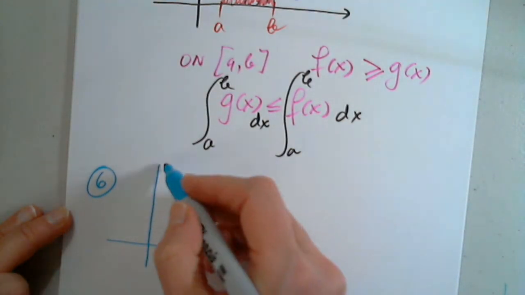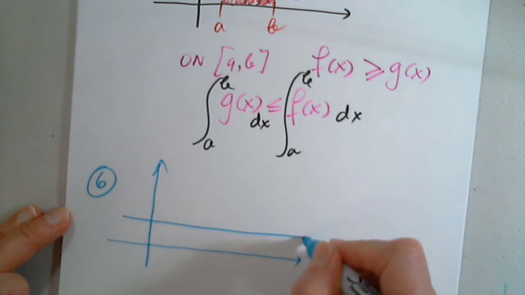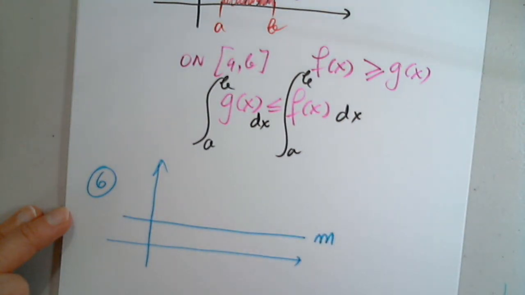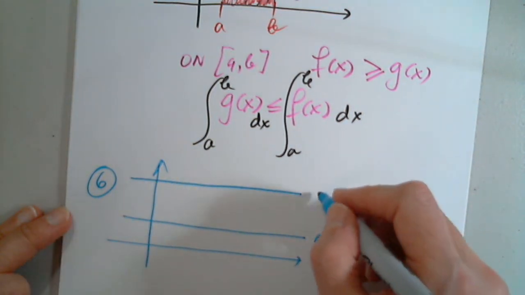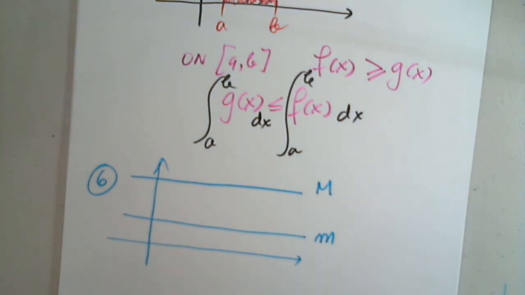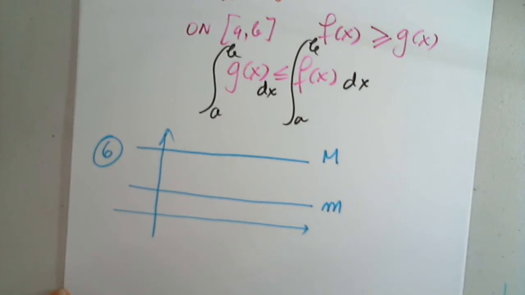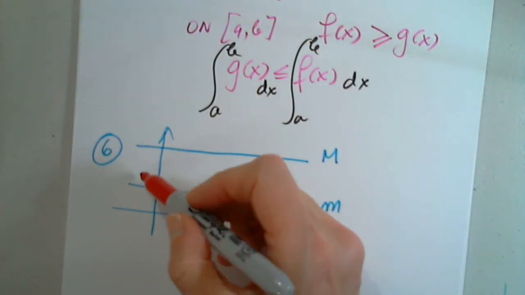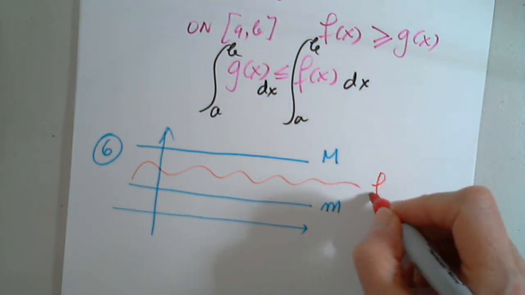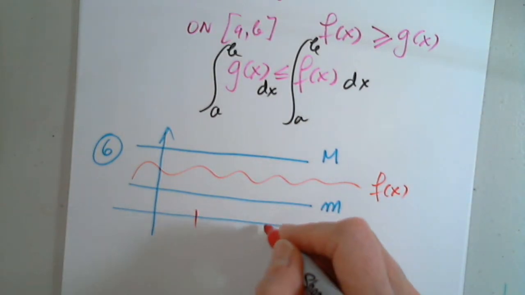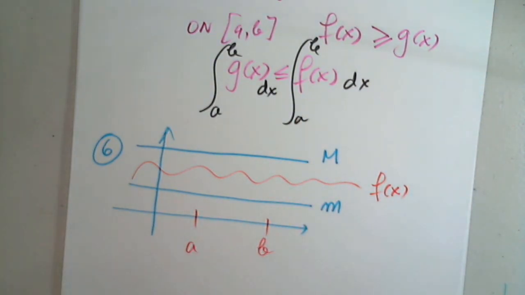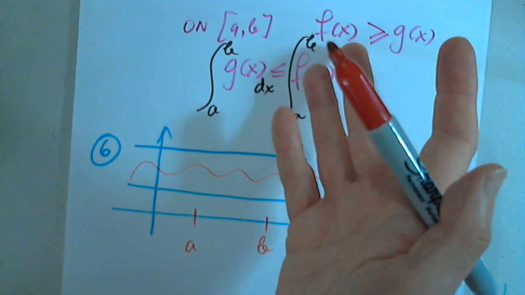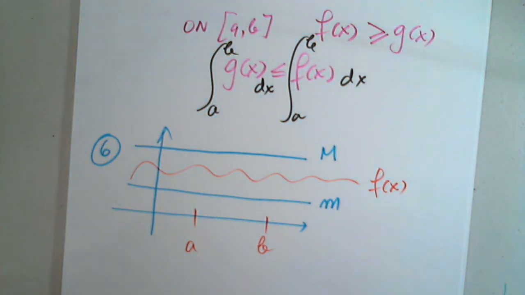Okay, so let's suppose I have a constant, y equals m, like a line. And then let's say I have another one somewhere up here, y equals uppercase M. And let's say the function is somewhere here. This is f of x on the interval a comma b. Very similar. That's why I always present this before this.